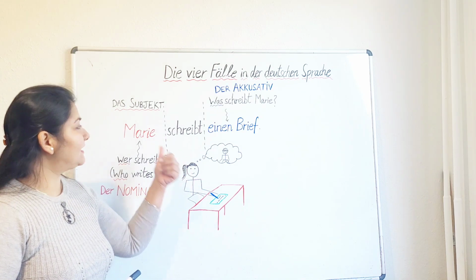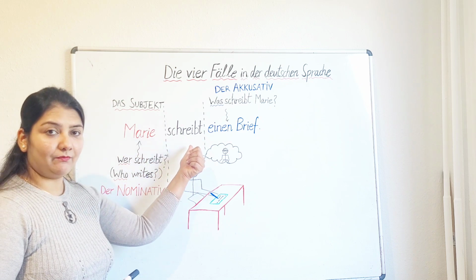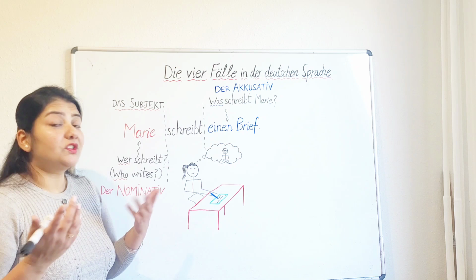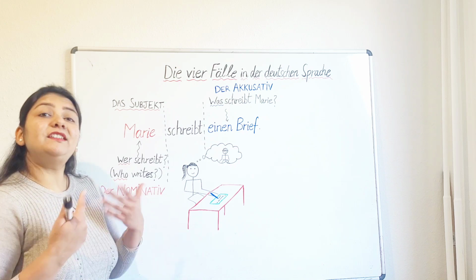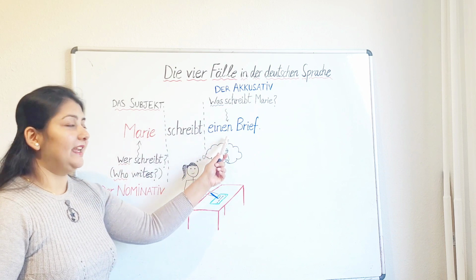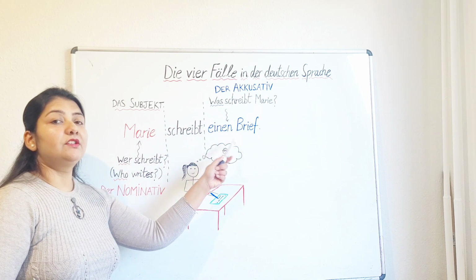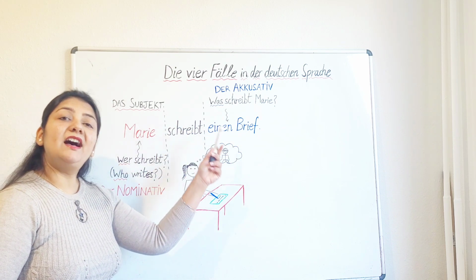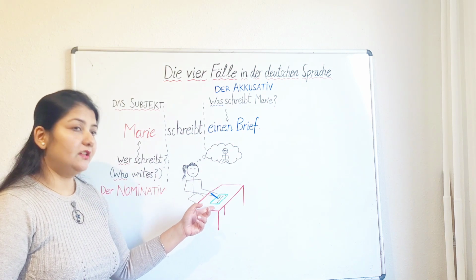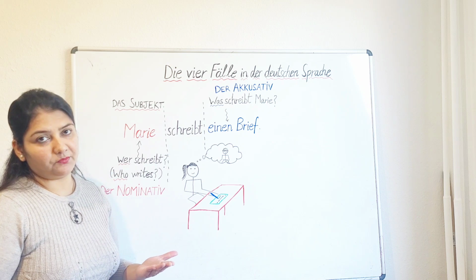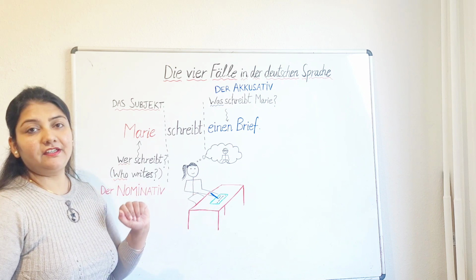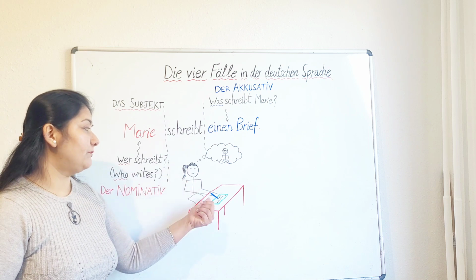After reading the sentence, Marie schreibt, a question naturally comes into our mind. What is she writing? Was schreibt Marie? Marie schreibt einen Brief. So Mary writes a letter. So here the noun letter is a direct object as it is being directly affected by the action of Mary.